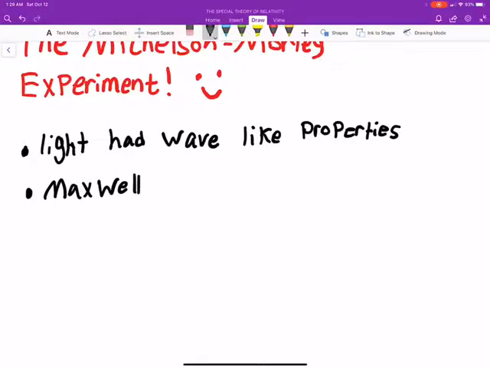Maxwell's equations were huge, obviously, for unifying electricity and magnetism as really one and the same. But this is why Maxwell's equations are so awesome. Besides the fact that they unify two what we thought were different things, he also saw that the speed was 1 over the square root of mu naught epsilon naught, which showed that it was a wave. It was an electromagnetic wave.